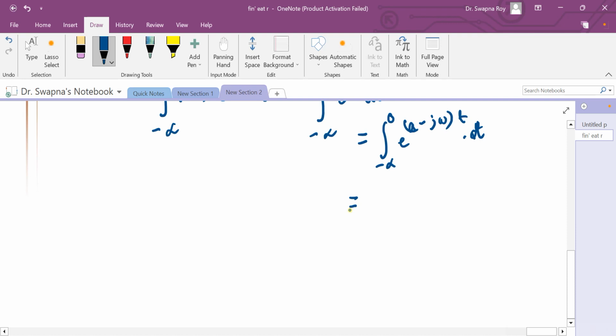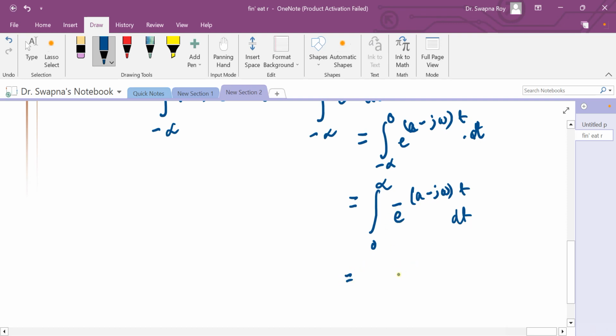Now we will do another thing. We'll change this limit from 0 to infinity. Now that's why we need to put one minus over here. So e to the power minus a minus j omega t dt. Now we have to integrate it.